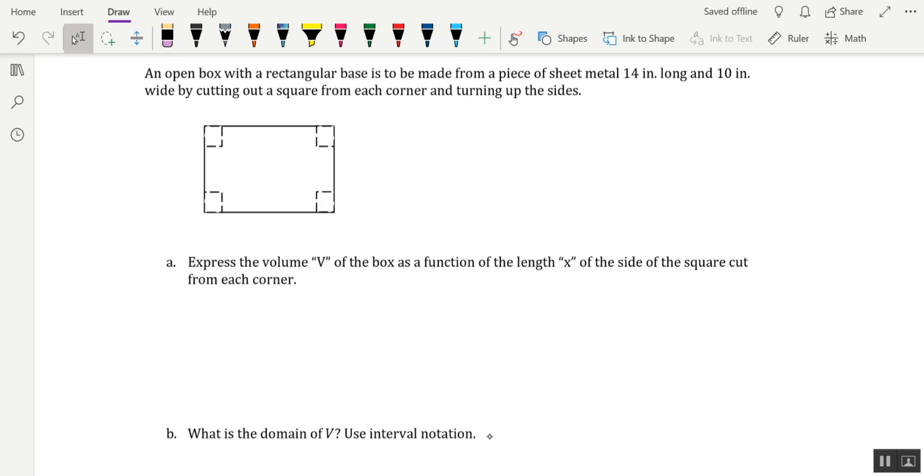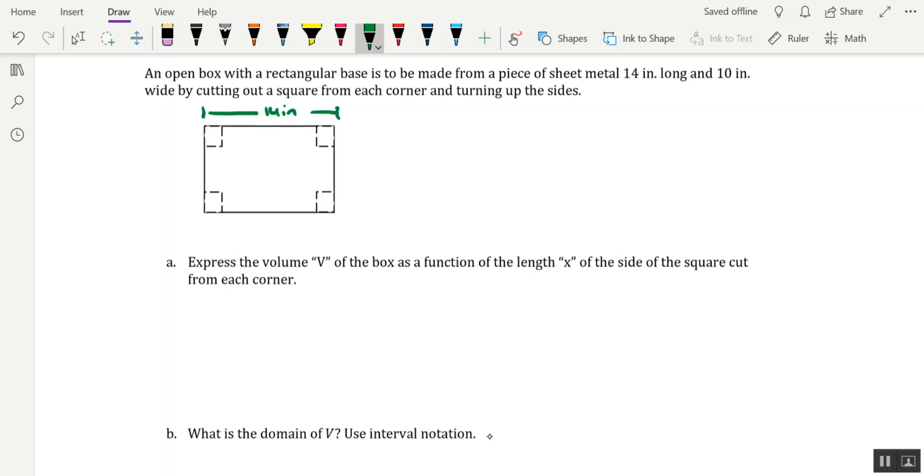So here's what's going on here. We have a 14 by 10 rectangle, in which case we have to remove the four corners in order to form the sides of a box. So I'd like to go ahead and mark the dimensions of the original piece of sheet metal. So this will be 14 inches.